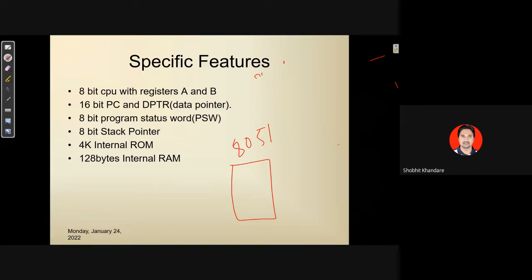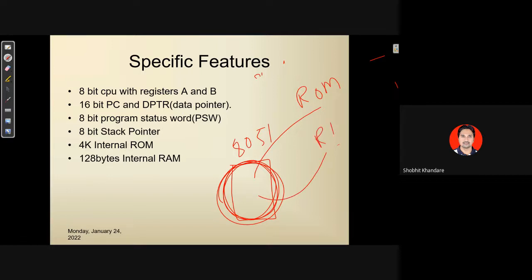Your RAM, your ROM, your IO port, your timer, everything is on a chip. तो ये जो 8051 है, इसके अंदर सब चीजें हैं. तो इसमें से अगर मैं एक चीज निकालता हूं, तो you have to see ROM और दूसरी you have to see RAM. So you should know what is the size of ROM in 8051 and what is the size of RAM in 8051. So internal ROM.